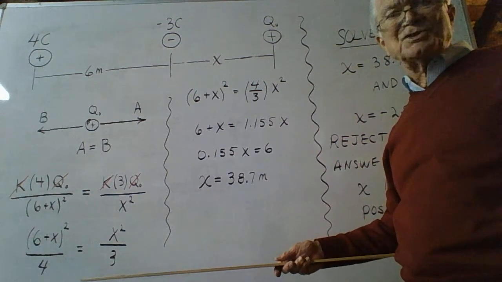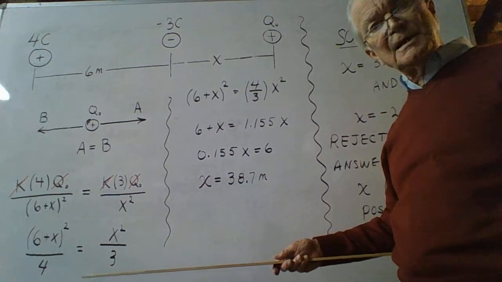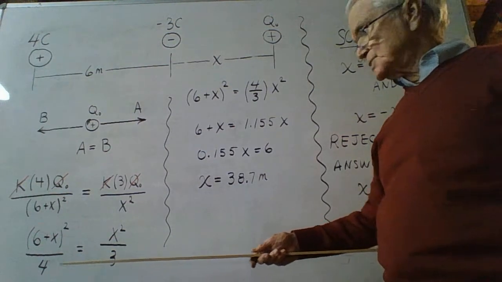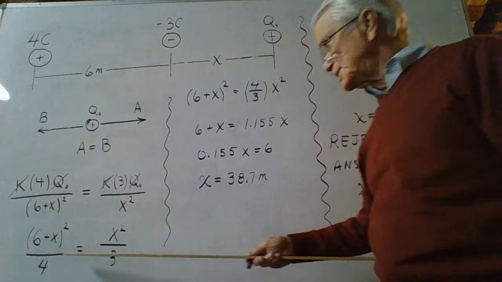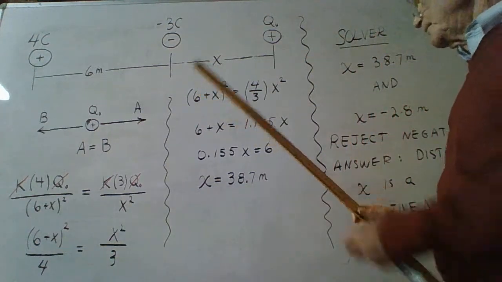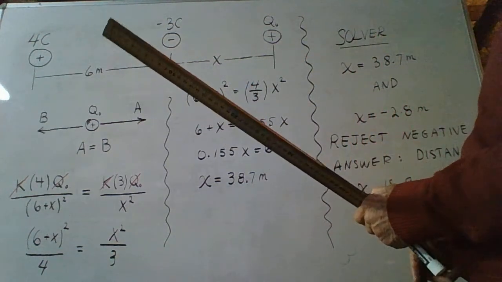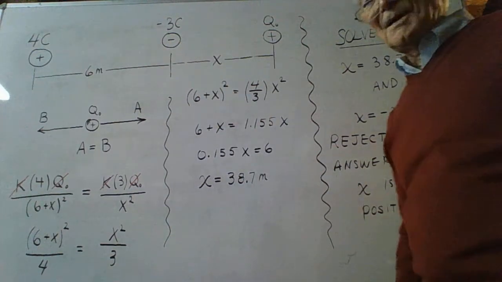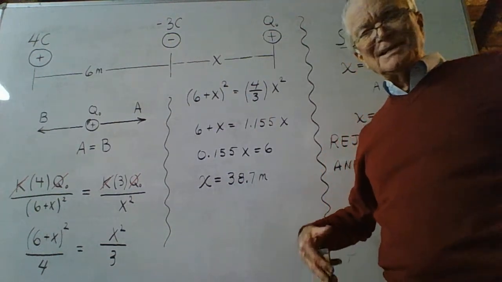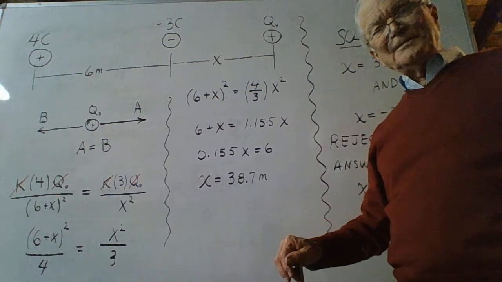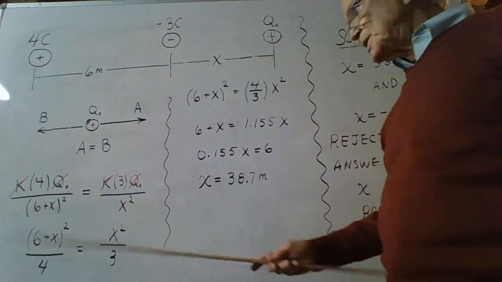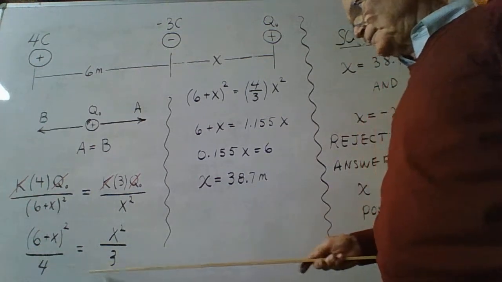We don't like fractions in our equations, do we? I'll multiply both sides of this equation by 12. Well, that's not what I'm going to do actually, now that I think about it. I'll just multiply both sides of this equation by 4.